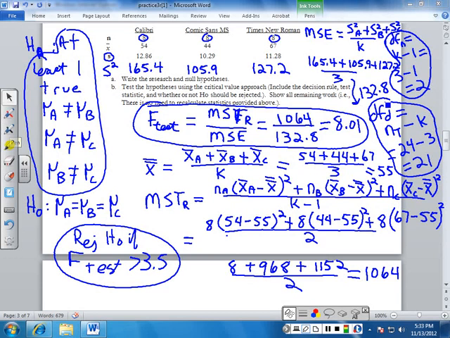And the total sample size is, I had 8 in each group, so the total sample size is 24. 8, 8, 8. And so then I use those 2 degrees of freedom, the 2 and the 21, to look up in the table the critical value 3.5. Make sure you square those standard deviations to get variances before you get MSE.